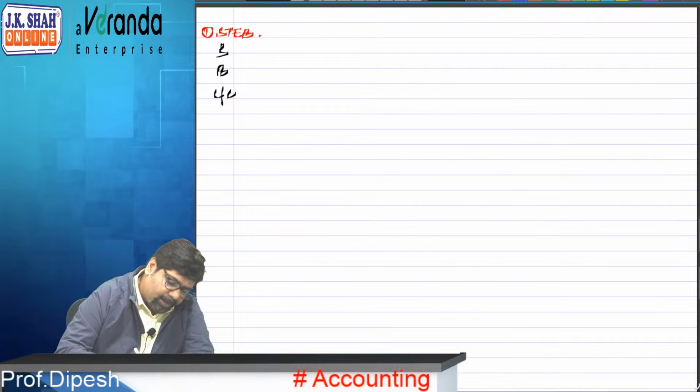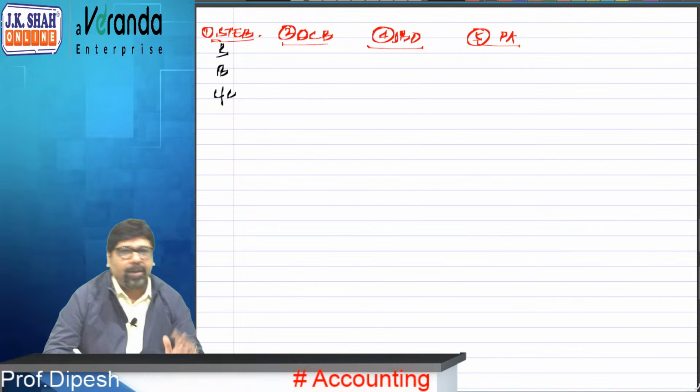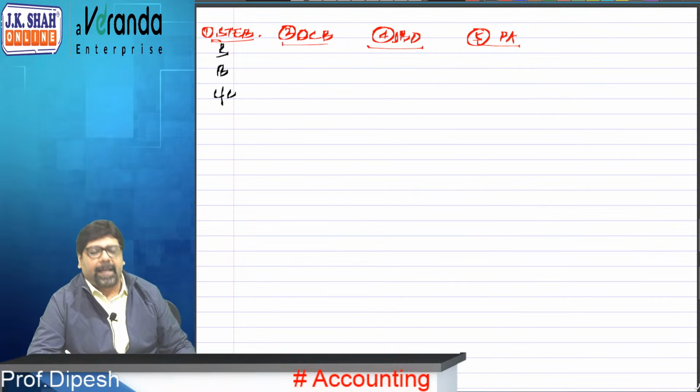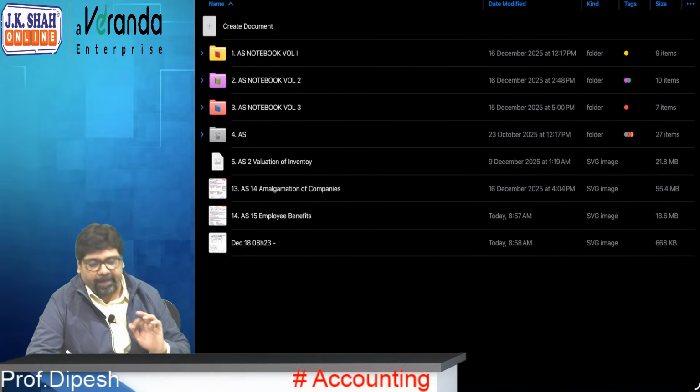Correct? Then you come to long-term and defined contribution plan, defined benefit obligation. Fifth, plan assets. That's it. You concentrate on this 4 and you are done. Correct, incorrect? Correct, chartered. So with that we come to end of employee benefits.